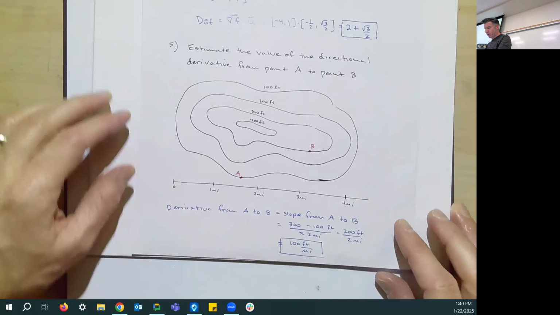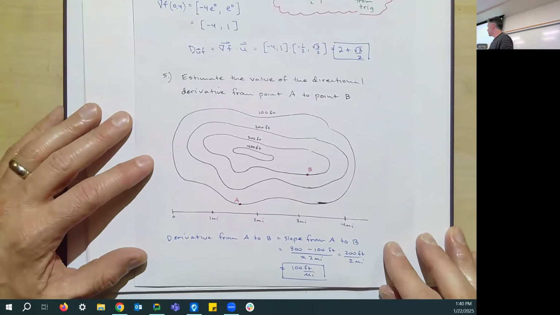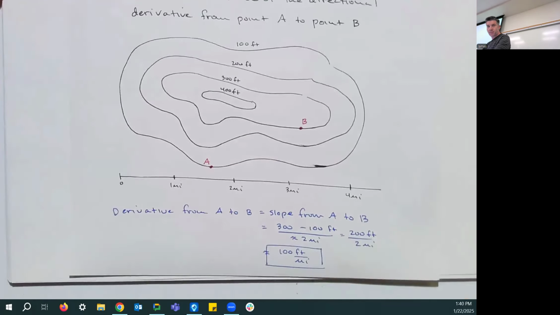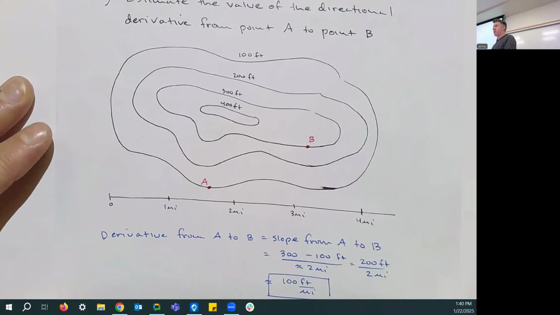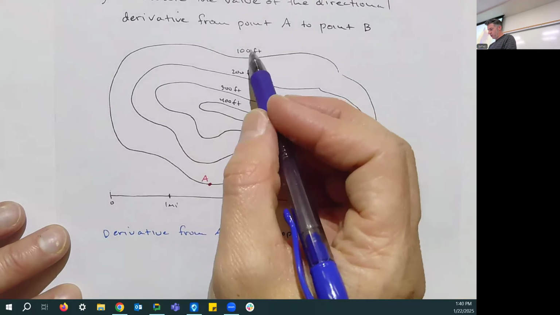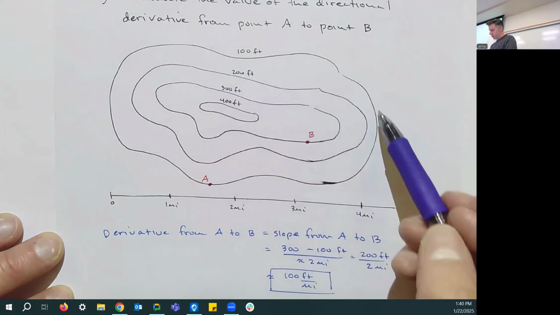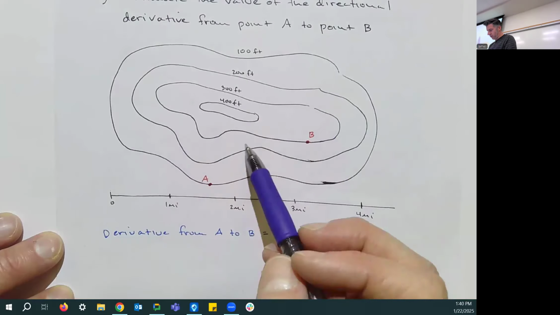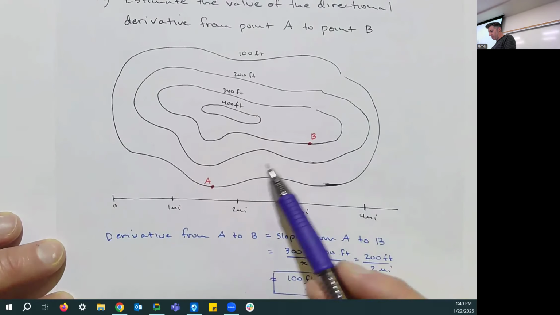So let's say we were looking at this topographical map, let me zoom in a little bit, where these were the elevations: 100 feet, 200 feet, 300 feet, 400 feet. I don't really care so much about the question being asked here.